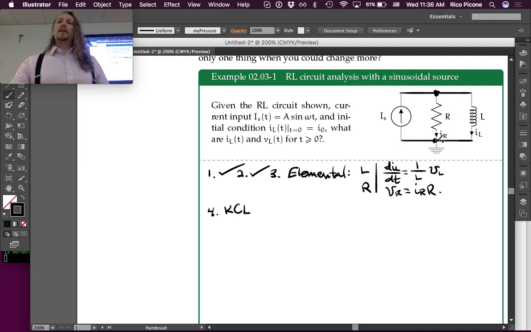Down here, it would say everything going in, IR plus IL, has to equal everything going out, which is IS, which is the same equation. So we only need one of them because they're the same. So we have IR plus IL equals IS.